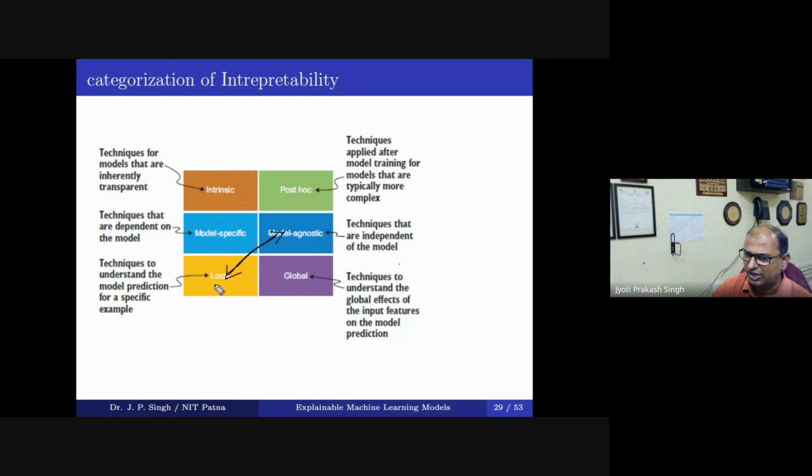It will be local, meaning for every case you can give an interpretation, and model agnostic, meaning it can be applied to any model. It doesn't restrict itself to one model. I will explain two such techniques in the next half an hour and how they work. I also have some code which I can show you, to see how we can use those in our cases.